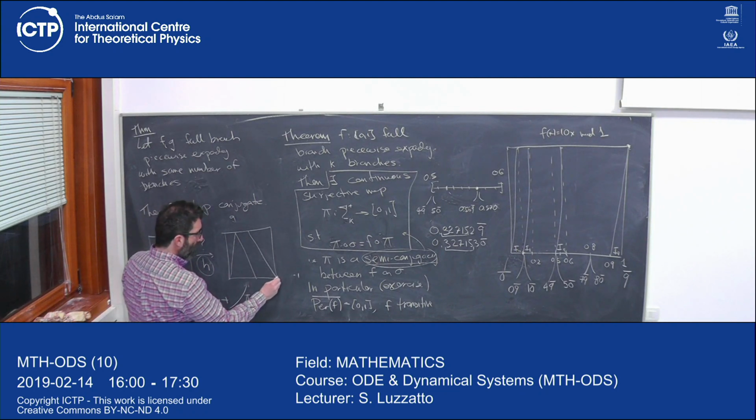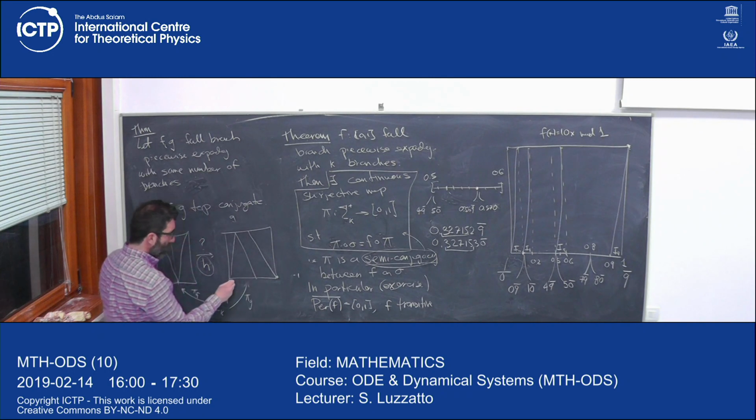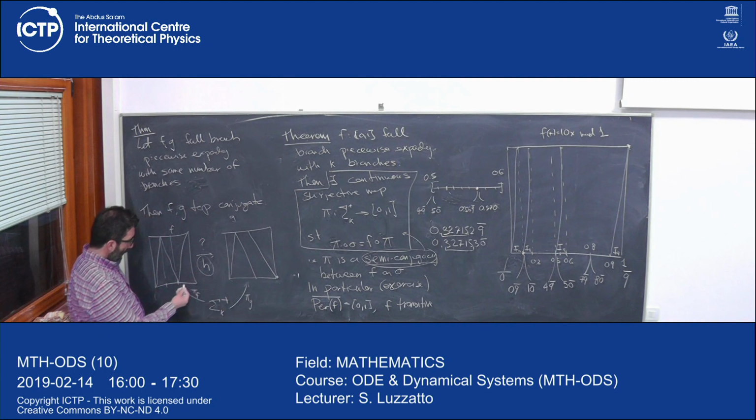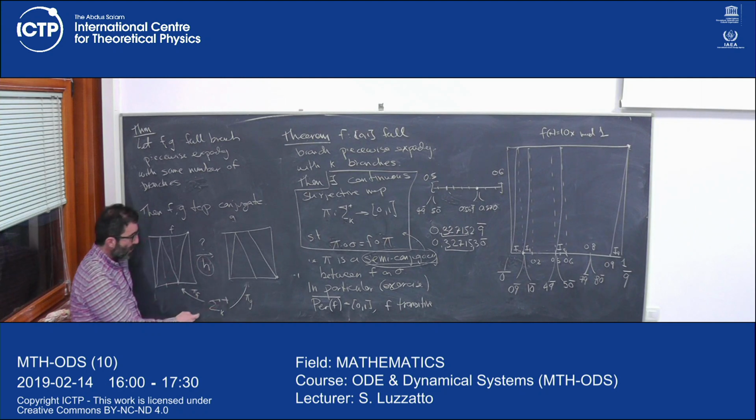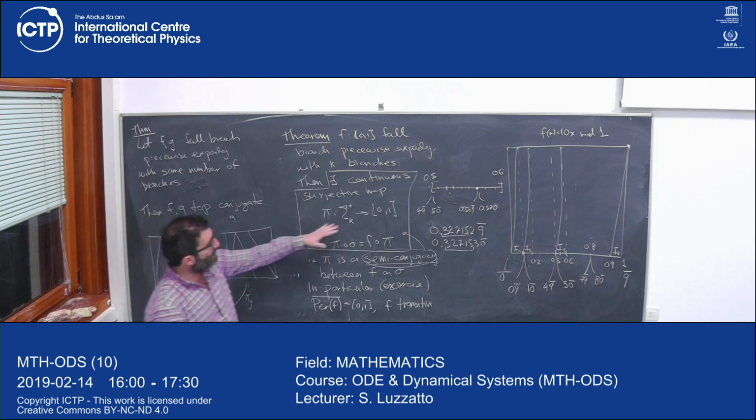So this point here has a coding 0, 1, 1, 1 because it maps to here, whereas this point here has a coding 1, 1, 1, 1. Okay, and you should check this yourself at home. You can see that in this case it doesn't match up, because you get a different ordering of the embedding.